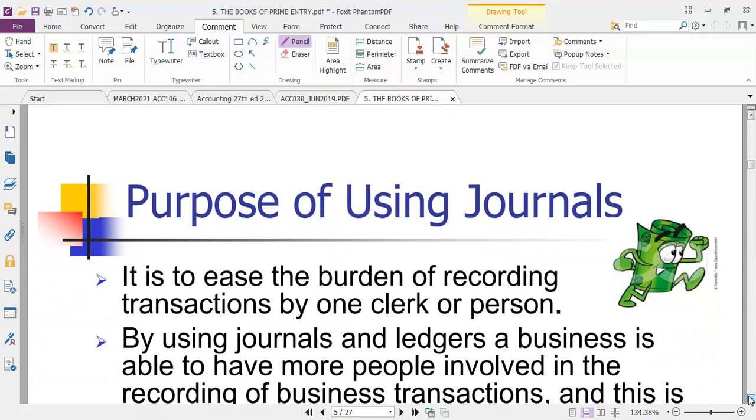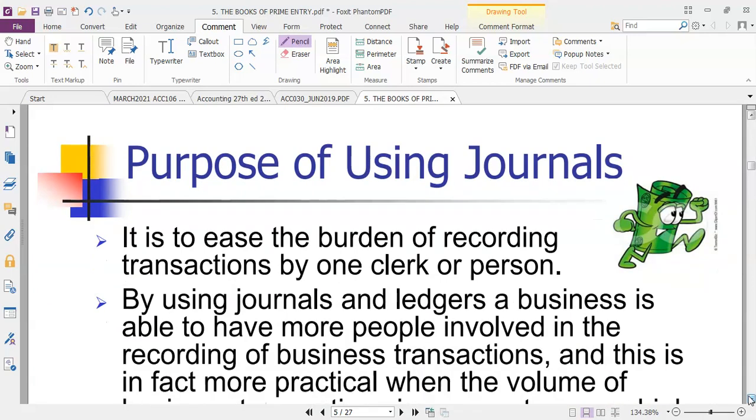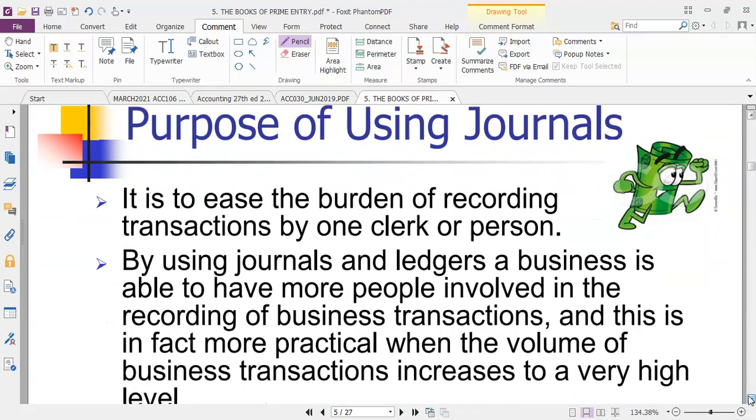Let's look at what the purpose of using journals is. Journals are actually to ease the burden of recording transactions by one clerk or person. By using journals and ledgers, a business is able to have more people involved in the recording of business transactions.